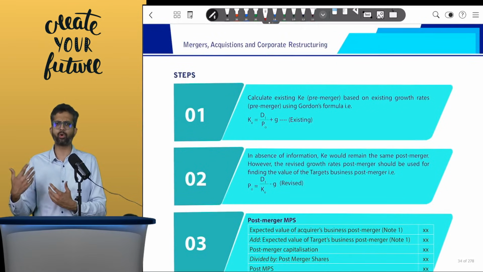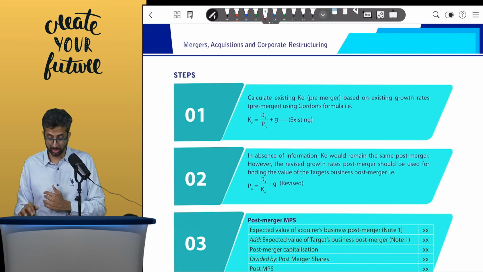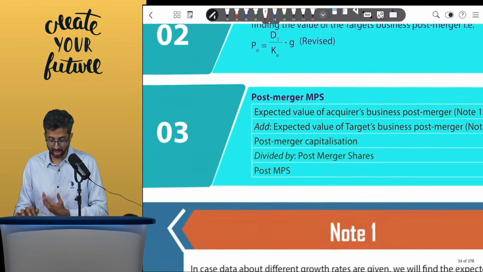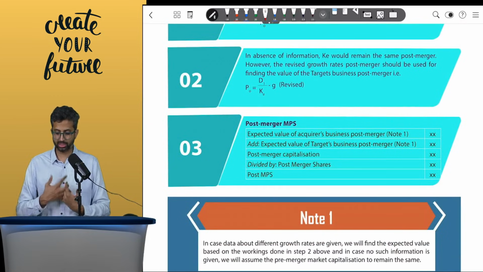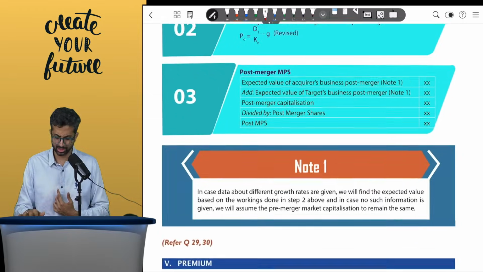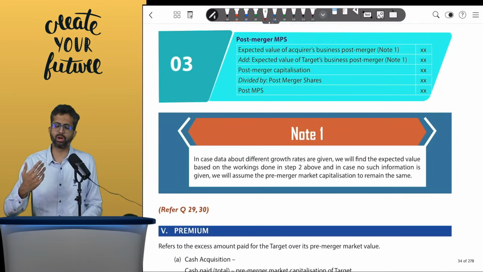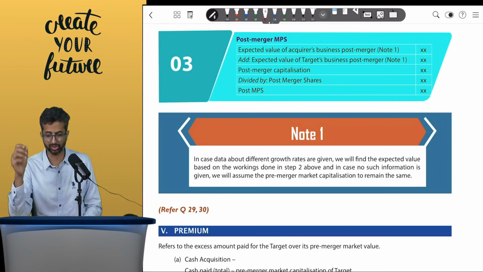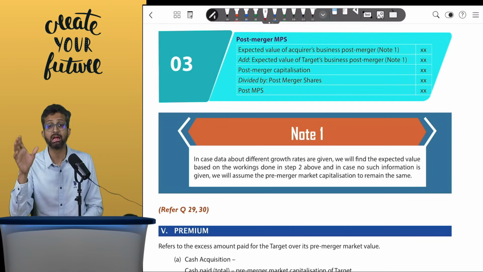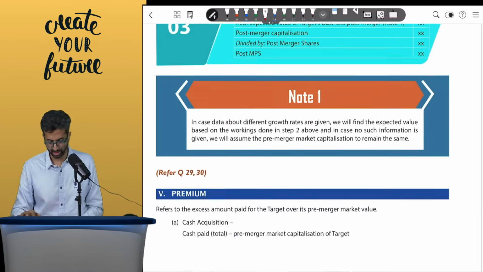You will say that, well, if all else remains the same, the target will be re-rated, and I will find the revised value of the target by doing D1 by KE minus G based on a revised base. Then you will find the post-merger market price as the pre-merger value of the acquirer plus the intrinsic value of the target divided by the post-merger number of shares, and that will give you the post-merger market price, and not just by assuming any particular PE ratios.